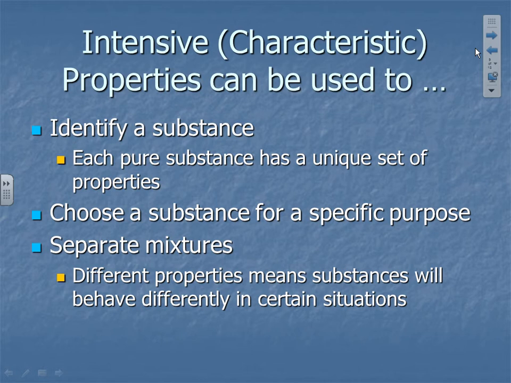If we know that we have two substances that are mixed together, and one boils at 100 degrees Celsius, and one boils at 110 degrees Celsius, if we heat up our mixture to 105, half of it will boil and half of it won't, because they have different properties. So we can use those properties to separate things if we need to for whatever reason.